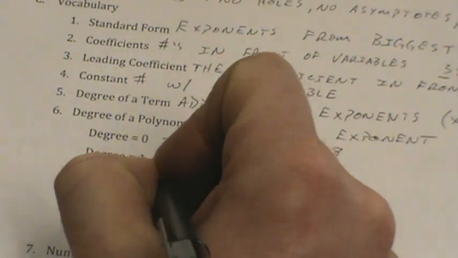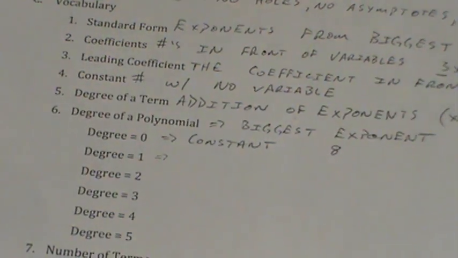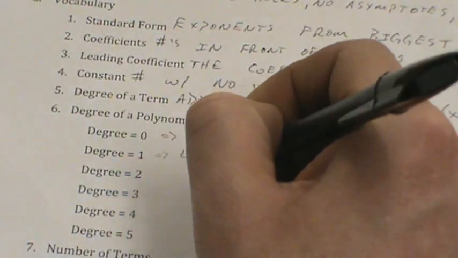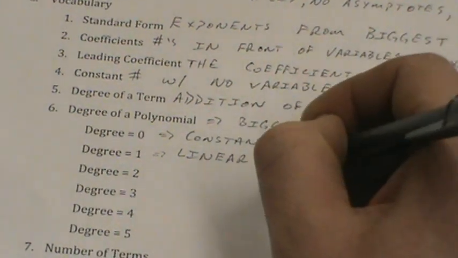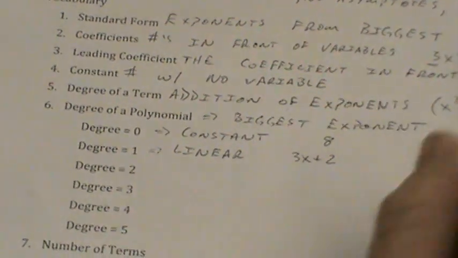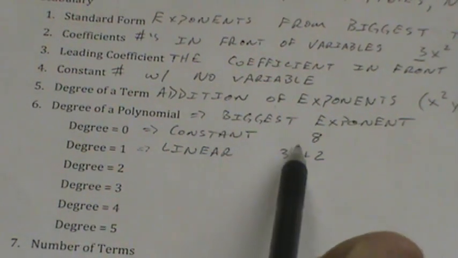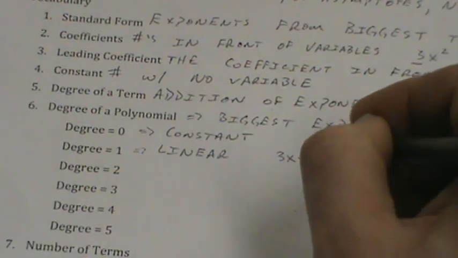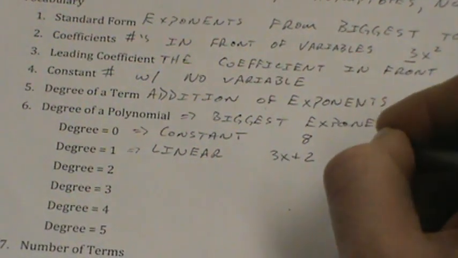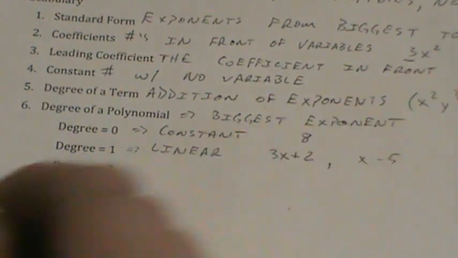If the degree is 1, that means the biggest exponent is a 1. We're going to call those things linear. An example would be 3x plus 2. We know that if we graph 3x plus 2, that would be linear, and the biggest exponent is a 1. Or how about x minus 5 would be another example.